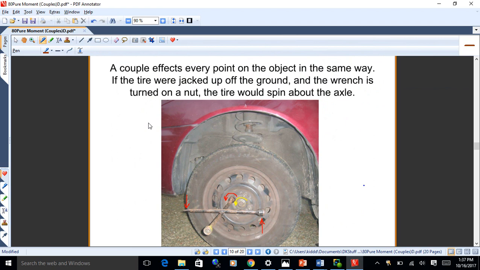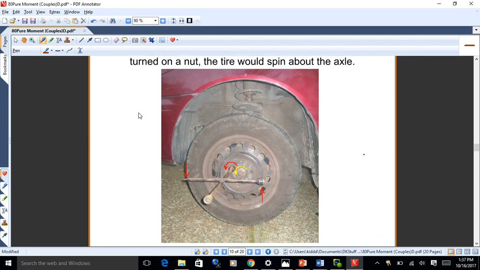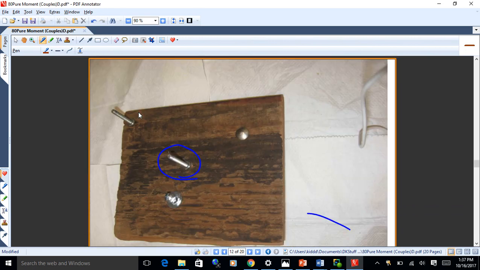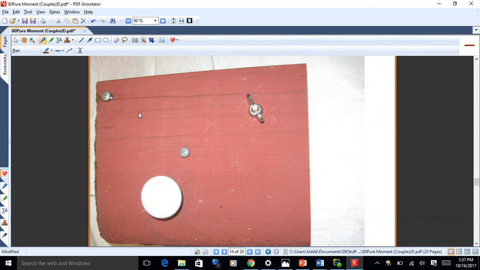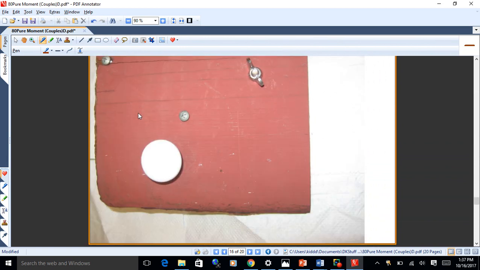What do you suppose the most common couple you'd find in industry would be? First of all, it's a screwdriver. As I think, an electric screwdriver. Okay, yeah, screwdriver would work. I got a lot of these pictures.